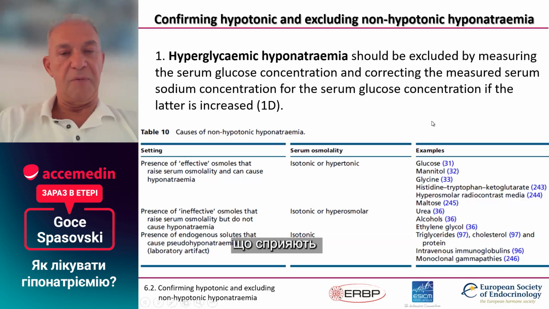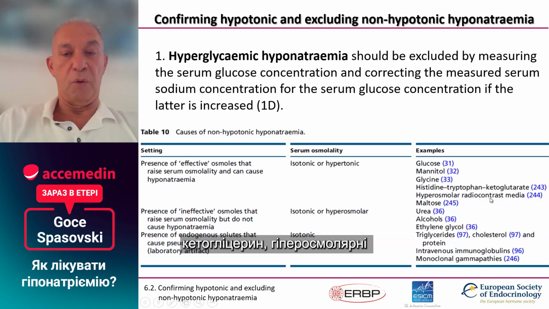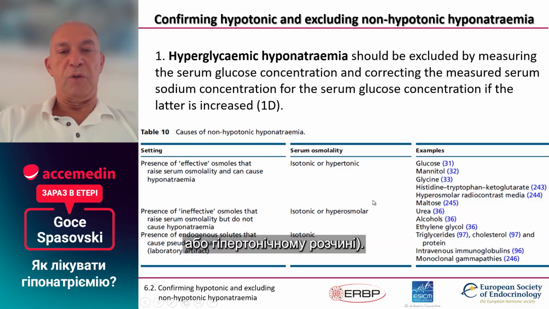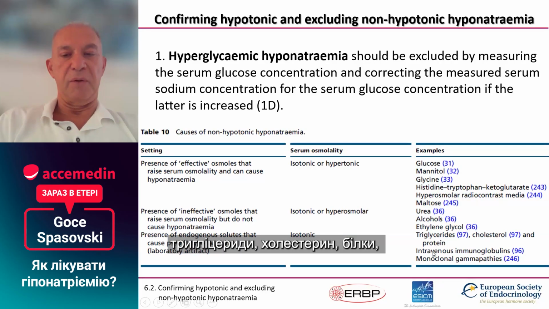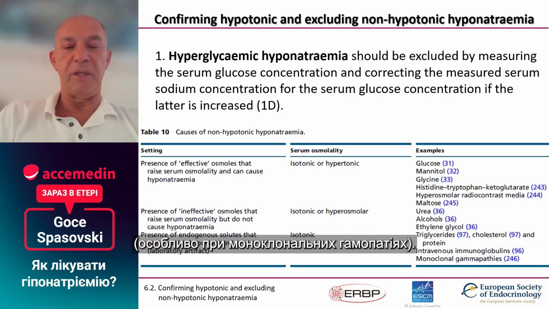Which are the effective osmoles contributing to this? Either glucose, mannitol, glycine, histidine, tryptophan, ketoglutarate, hyperosmolar radiocontrast media, or maltose sugar. In the isotonic or hypertonic, we can have urea, alcohol, ethylene glycol, triglycerides, cholesterol, and proteins, and finally intravenous immunoglobulins and increased proteins in monoclonal gammopathies.